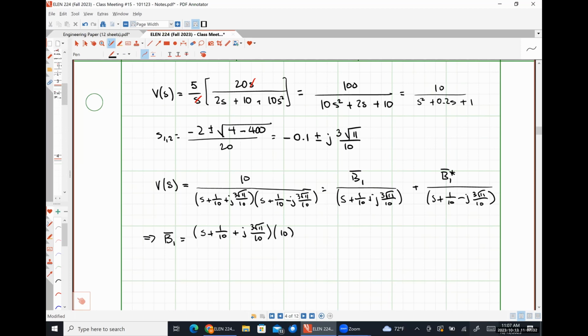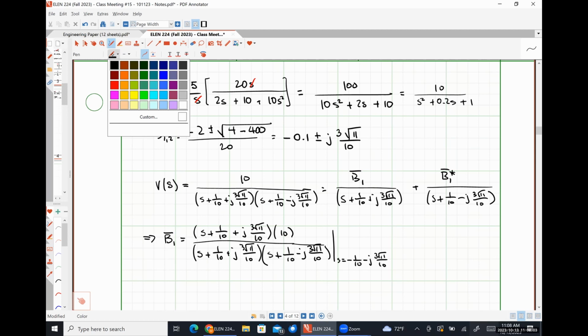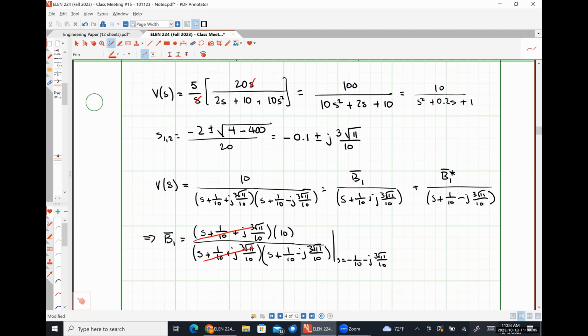So that's just going to be 10 over s plus 1/10 plus j 3 square root of 11 over 10 times s plus 1/10 minus j 3 square root of 11 over 10, evaluated at s is equal to negative 1/10 minus j 3 square root of 11 over 10. Brody, I believe you were the one answering correctly, so thank you for that.